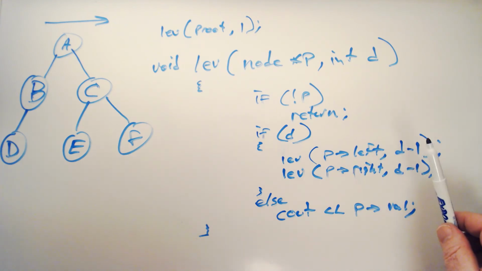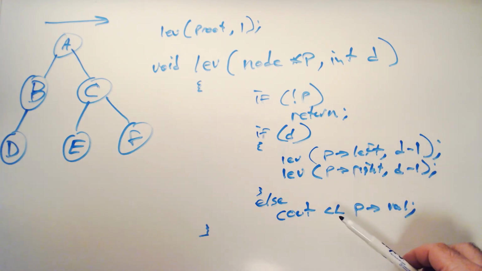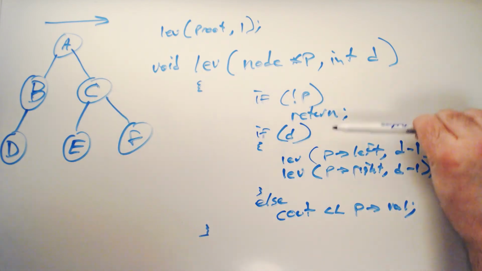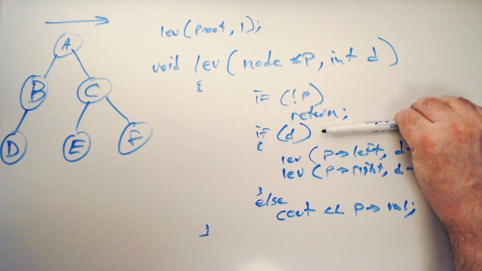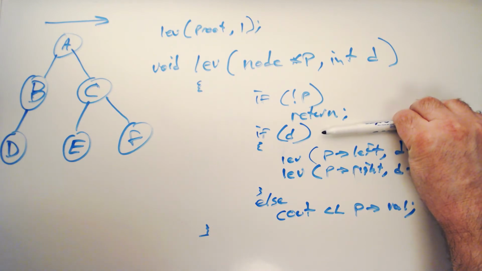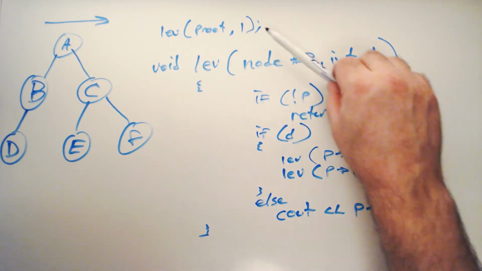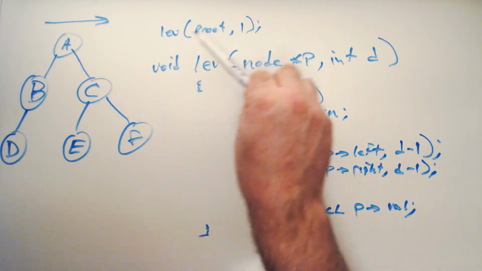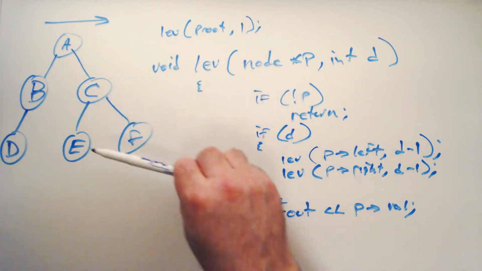So, again, let's think about this for a minute. What happens when we're in A? We just walk through that. D is non-zero when it's called the first time, and the 1 here represents how many levels away from A I want to go when I print all these nodes out.